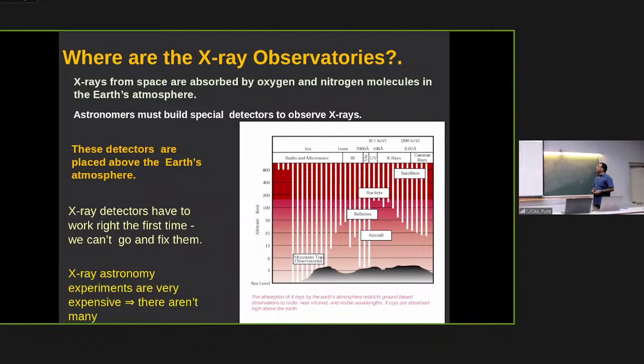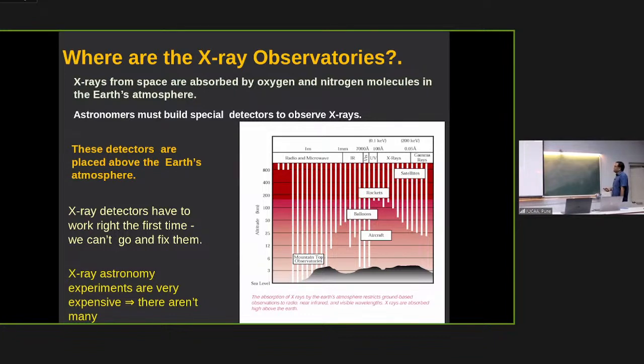So X-ray telescopes cannot be like ground-based telescopes. If we want to do X-ray astronomy, then we have to put our telescopes and observatories above Earth's atmosphere. This particular plot shows the transmission in the atmosphere, and from here you see there are a few wave bands where the radiation actually can reach the ground level.